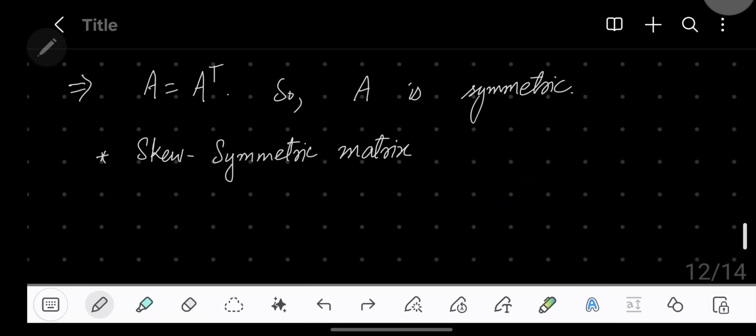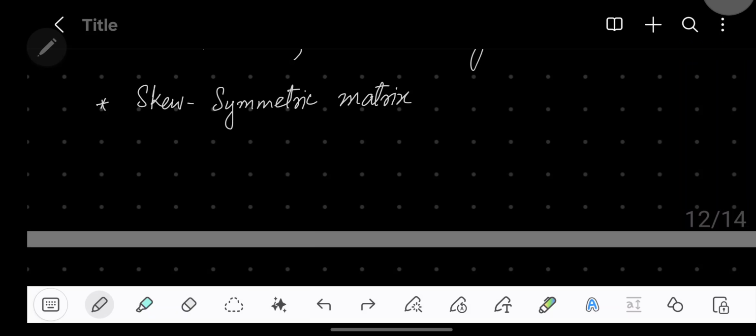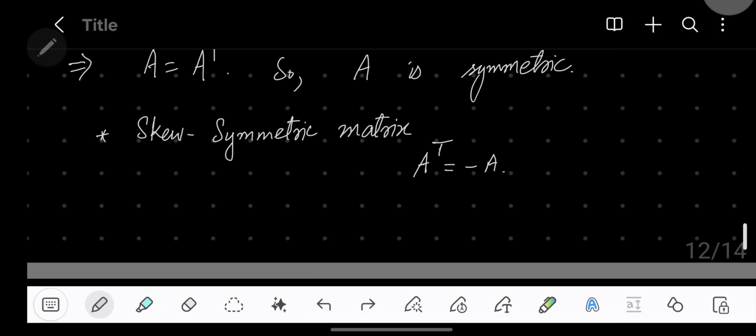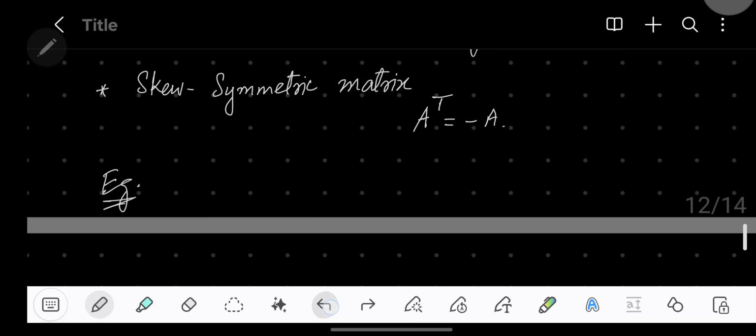The next kind of matrix is the skew symmetric matrix. If you take the transpose, you will get the negative of the matrix. Previously we got plus A, and this time minus A. Here is an example.